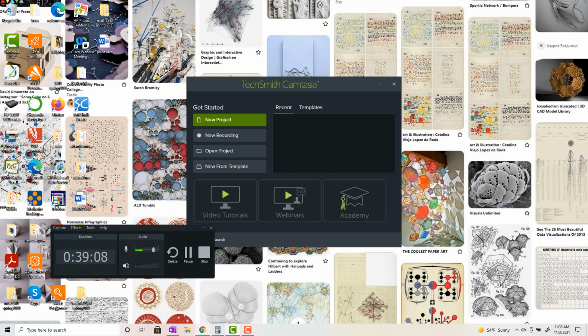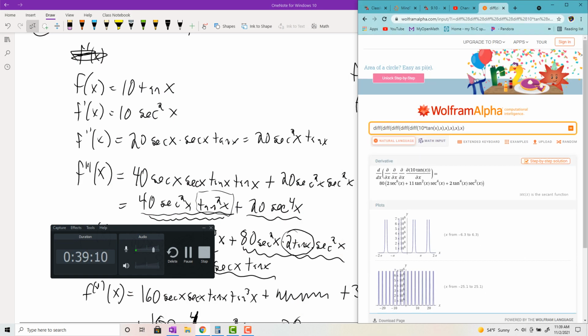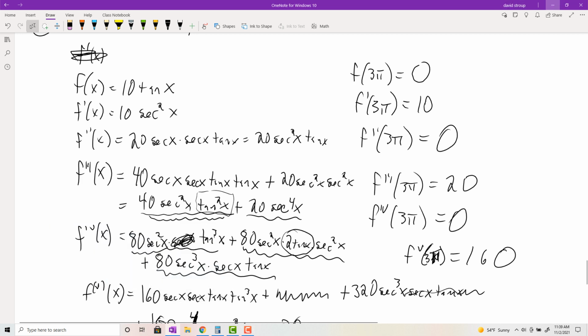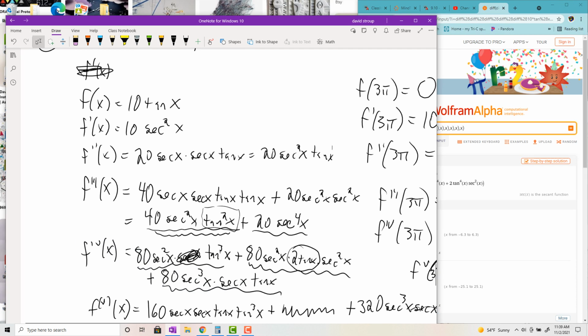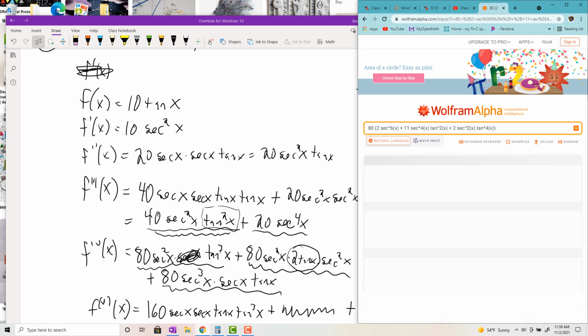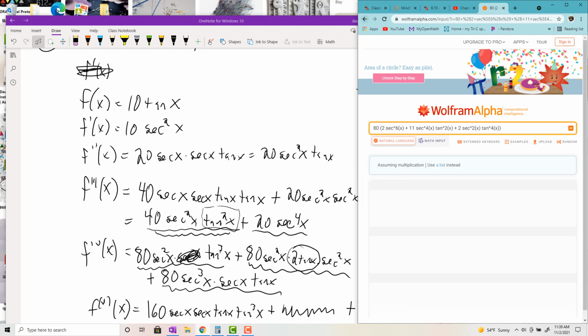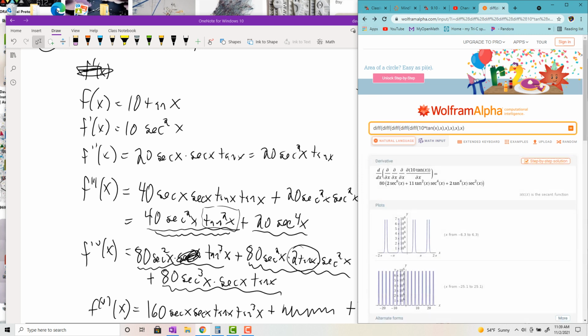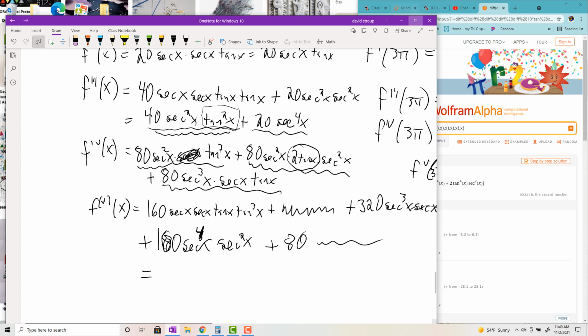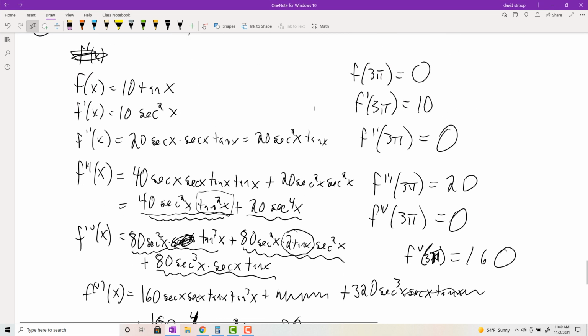This section just goes on and on. It's plugging in 3 pi. This first part here is going to give you 160, and then the rest will be 0. So 160 for the fifth derivative.